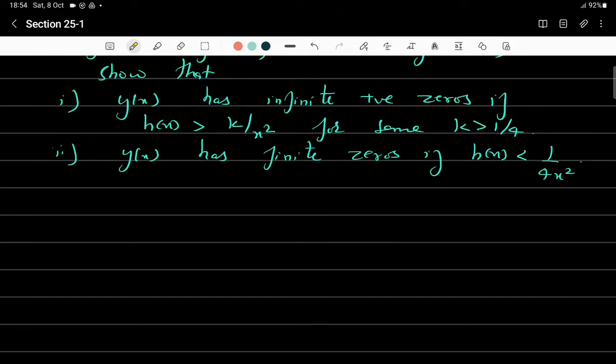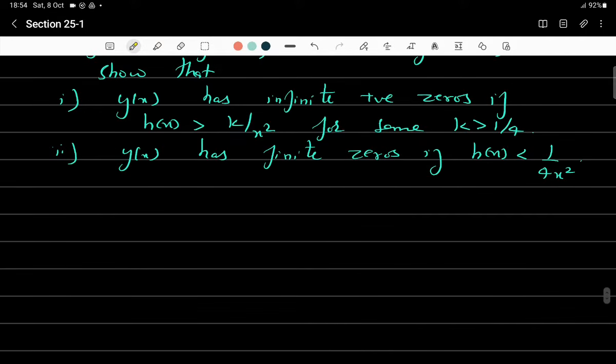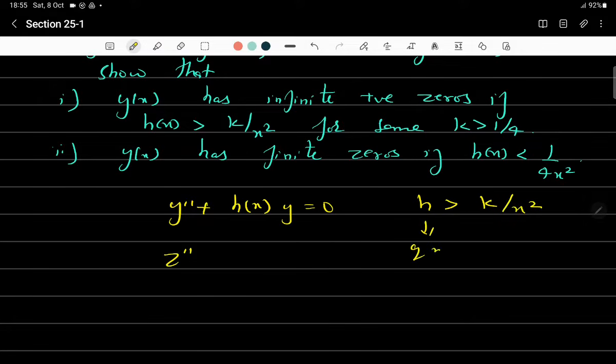For the Sturm comparison theorem, the first step is I need one more equation in z. The first equation is y'' + h(x)y = 0. I have the relation h greater than k/x². If I take h as q(x) and k/x² as r(x), then this helps me write down the other equation.